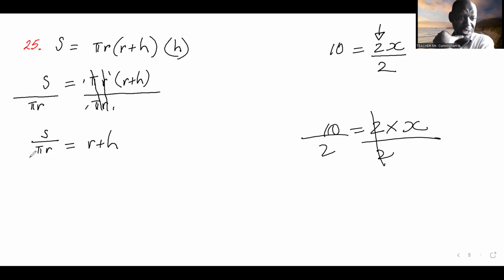So H is equal to S over pi R minus R, keeping your equal sign on the equal sign. Or you could put R over 1. R is the same as R over 1. Okay, people?